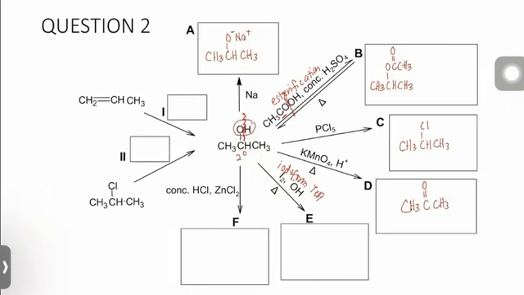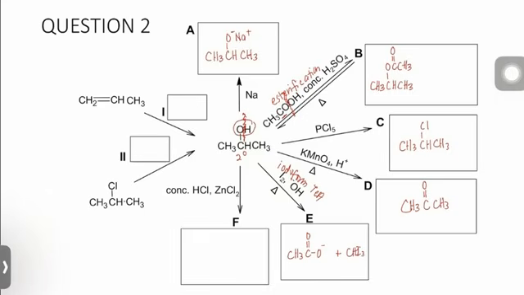So CH3, the alpha carbon that bearing the OH will become carboxylate ion, C double bond O, O minus, and the methyl group, apart, will become iodoform CHI3.